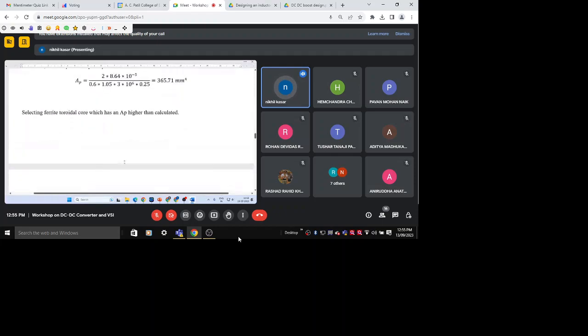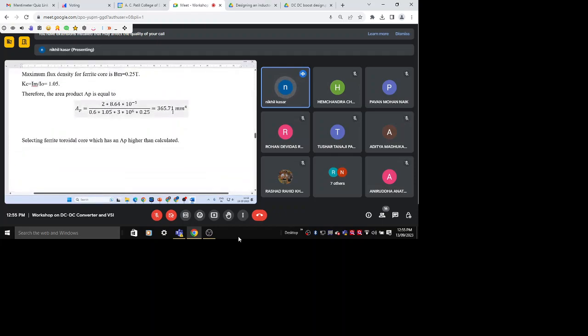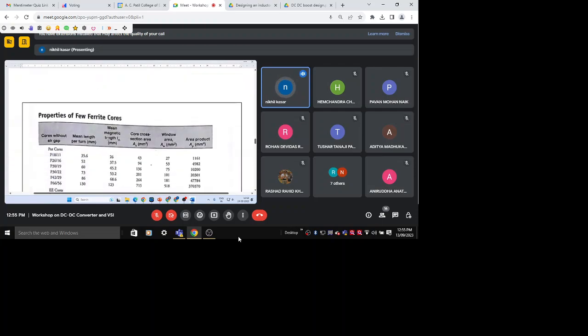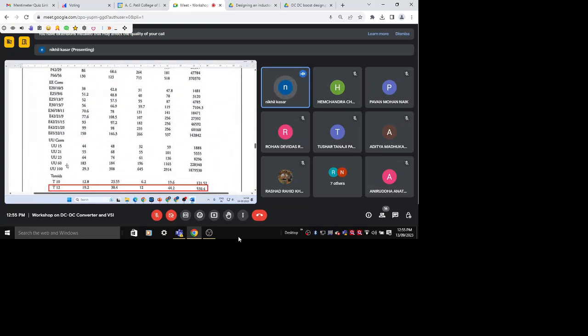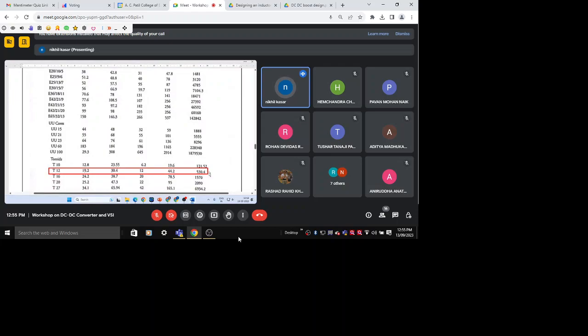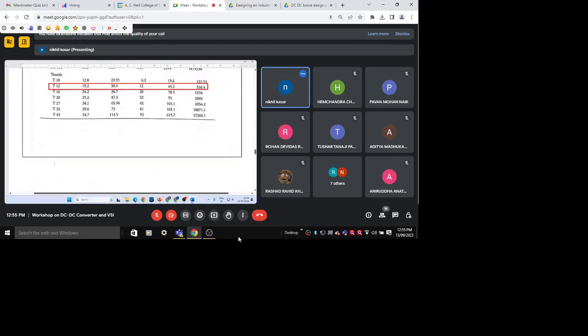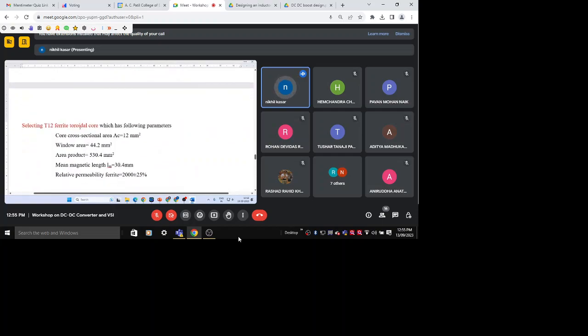Now the core table will come into the picture. Value of AP is 365.71 millimeter raised to 4. I will use the toroidal core table. थंब रूल हमारा कौन सा है, उससे ज़्यादा वैल्यू सिलेक्ट करनी है. So I will select T12. These are the values from the core table for the T12 ferrite toroidal core.